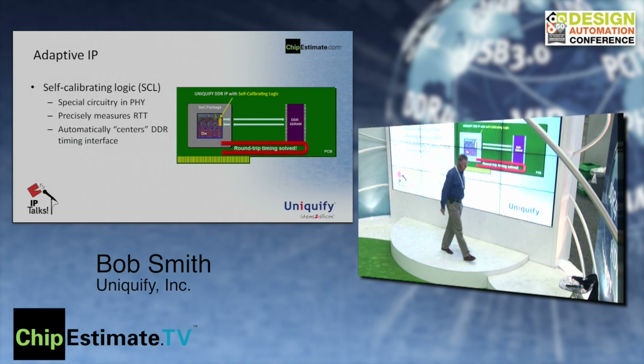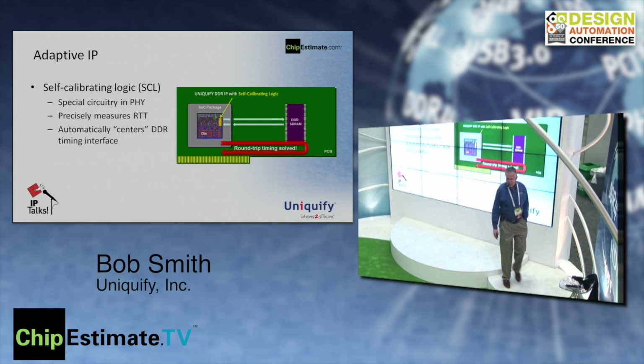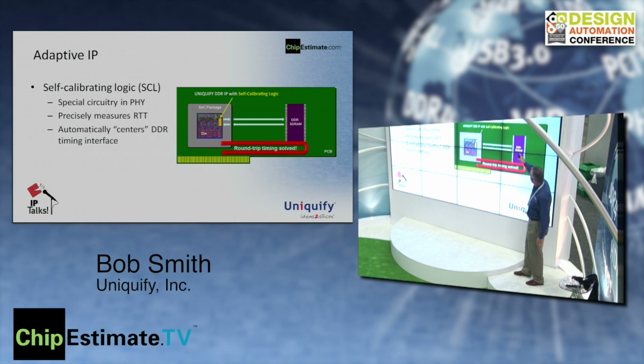So the innovation that Uniquify came up with was, look, we can never possibly predict every situation, every environment, every combination of parts that are going to be in the system. So rather than try to guess at it or model it so broadly that we throw away all the performance, why don't we build some circuitry into the PHY that actually measures, for this die, this package, this board, this SDRAM, this timing, and precisely measures it down to a few picoseconds.